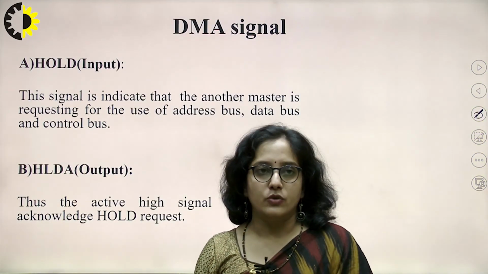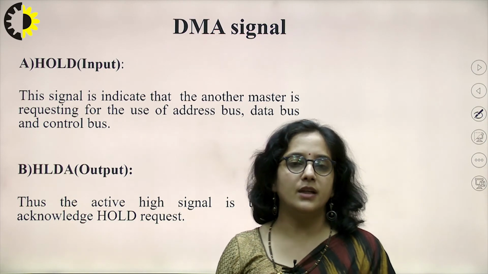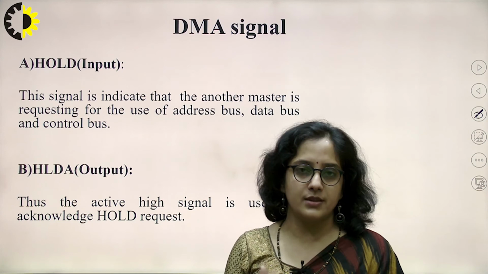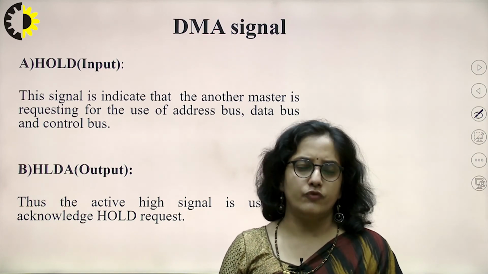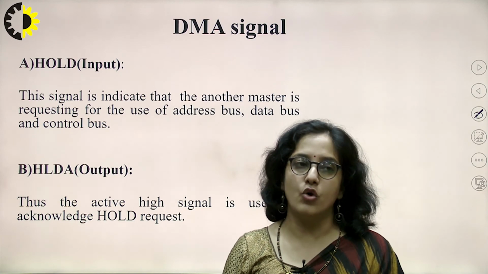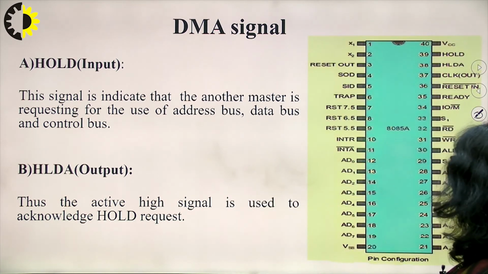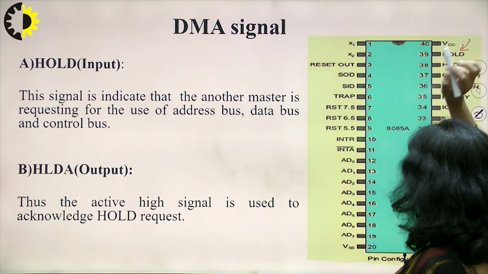Then there is DMA, that is the direct memory access signal, as I told you. The DMA controller takes control of the buses from the microprocessor and performs the task. For that it has two signals, HOLD and HLDA. The HOLD signal is generated by the DMA and is an input to the microprocessor.